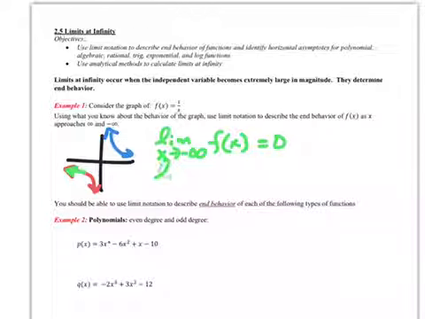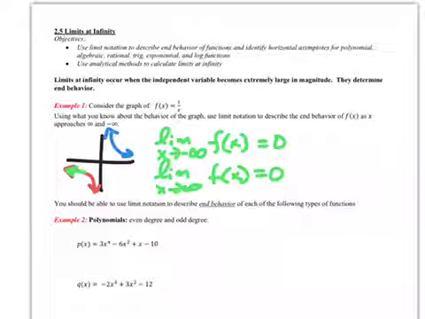And the same notation is consistent on the other side, and I believe we have the same limit. As x approaches positive infinity, that function also approaches 0. That's an example of end behavior, and in this case, that forms a horizontal asymptote.